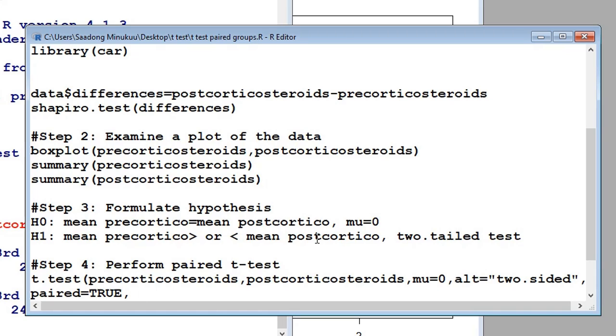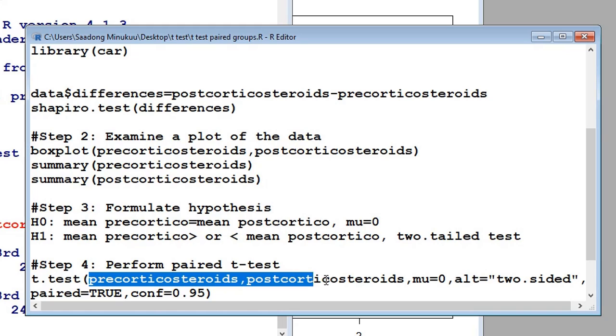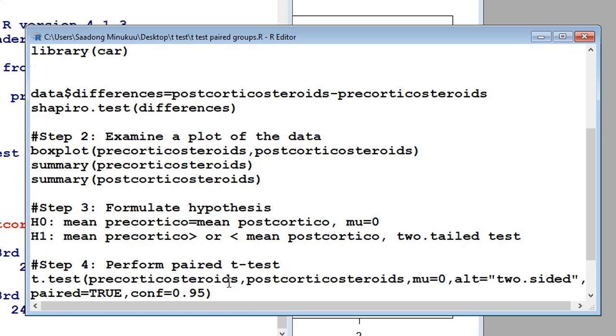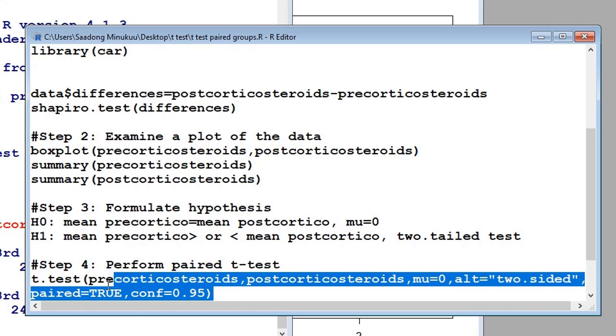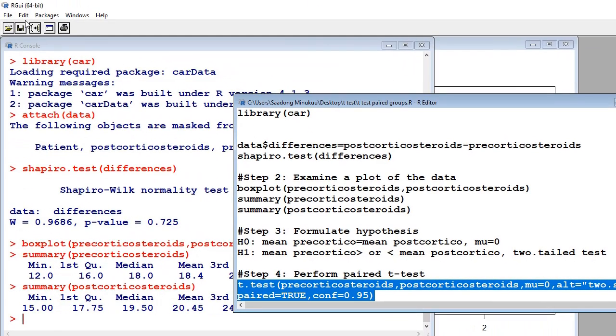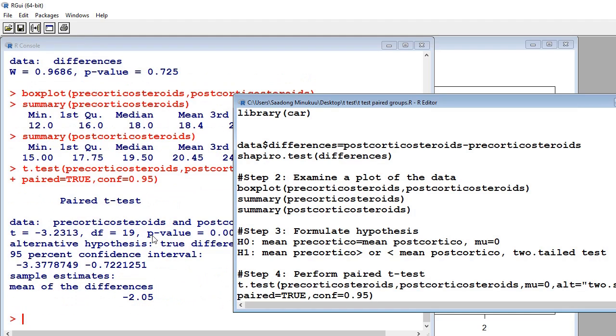And then our level of confidence, generally by default, is 95%. So if we don't put it, it's okay, but we could still say conf.level is equal to 0.95, and we are good to go. What is most important is you could have just entered the two samples and then paired is equal to TRUE. The rest of the things that I've entered are actually defaults.